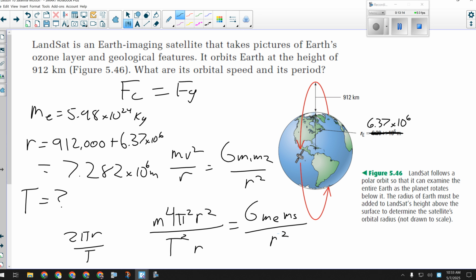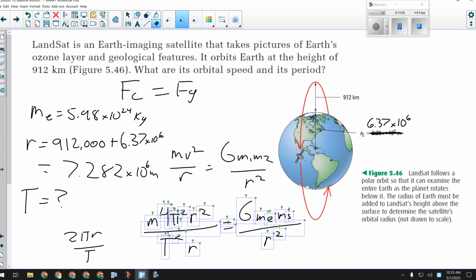Now I've got T in there. I've got to do a little cleanup because I've got an r squared on the top and an r on the bottom. So I'm going to get rid of any unnecessary r's. That r will go away, that squared will go away. Now I'm good to start manipulating. I want to solve for T. Right now T is on the bottom, so I want to move it over here.